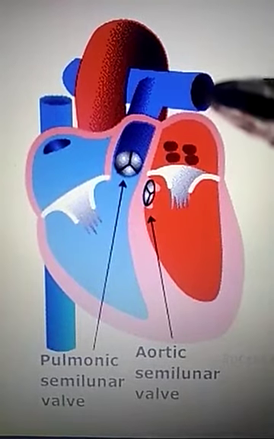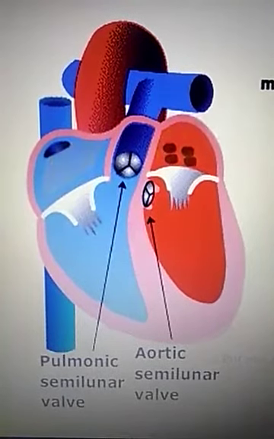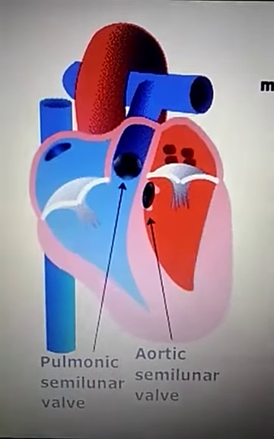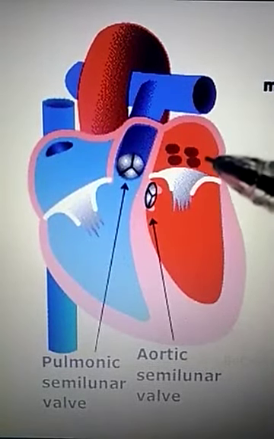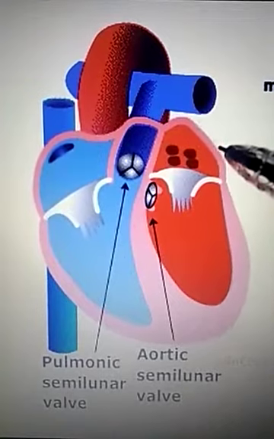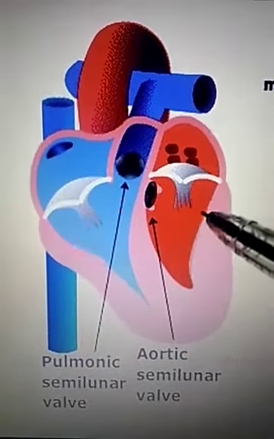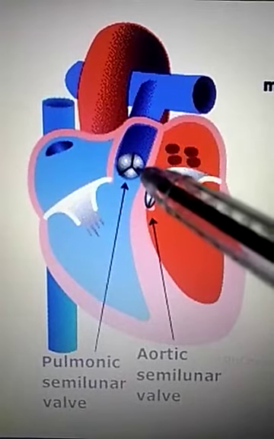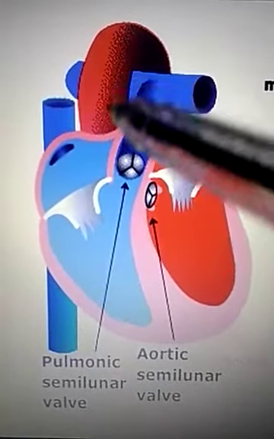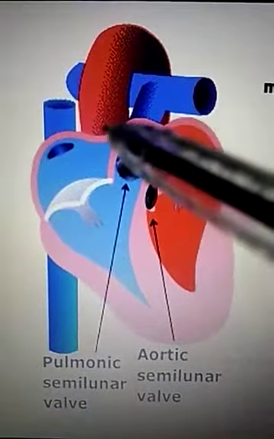From here the blood goes to the lungs for purification, and after purification via the pulmonary vein it enters the left atrium. The left atrium pushes the blood into the left ventricle, and from the left ventricle the blood is ultimately pushed into the aorta. This one is the aorta, the biggest artery of the human body.